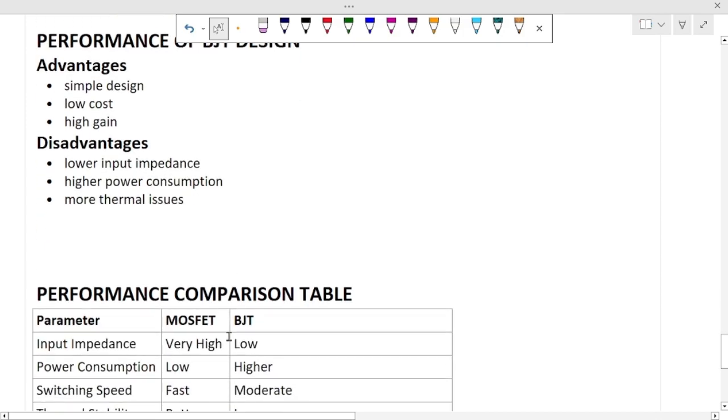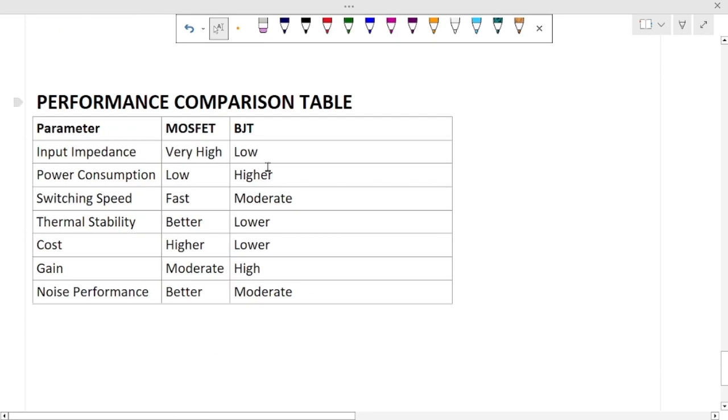Okay, things like that. So this table just gives us a summarized comparison of the two of them. So look at the parameters, the components. MOSFET is the first one we talked about, and BJT the second one. For the parameter input impedance, we said that MOSFET is high, so less current coming in, it draws less current because it resists the flow of current, electrons.